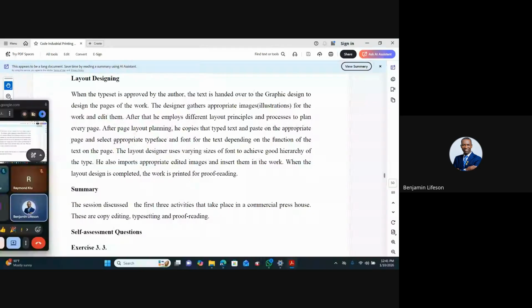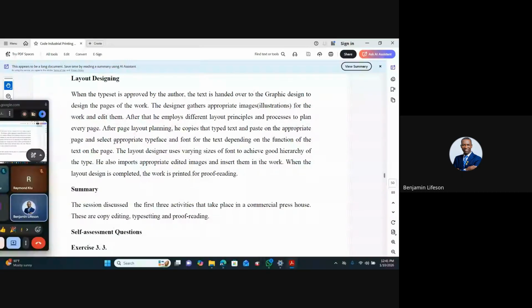So the graphic designer would not just start designing. He will think about how the design can be arranged, how the design can be planned.